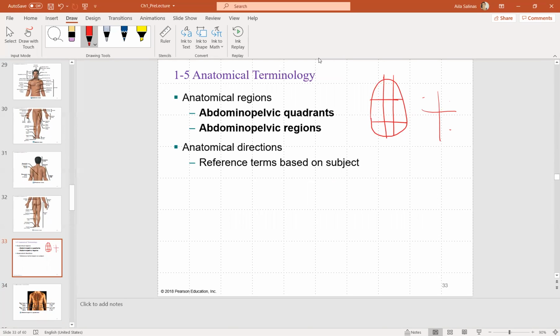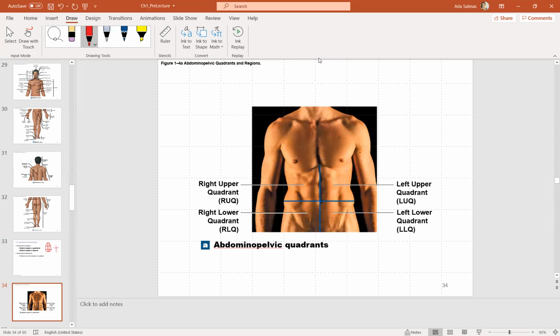There are directions that make reference to the terms based on the position of the subject. So if we divide the trunk in half in a sagittal, mid-sagittal plane, and then in this cross section, we are left with the left upper quadrant and right upper quadrant.